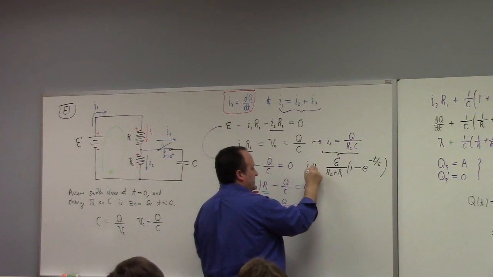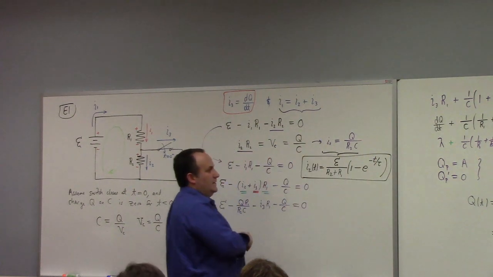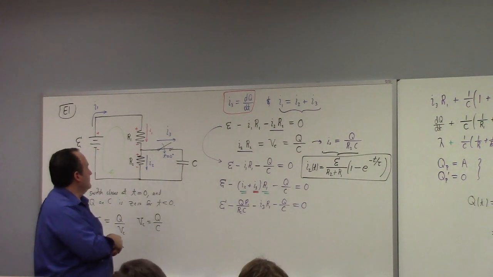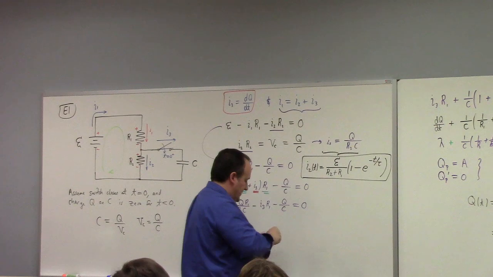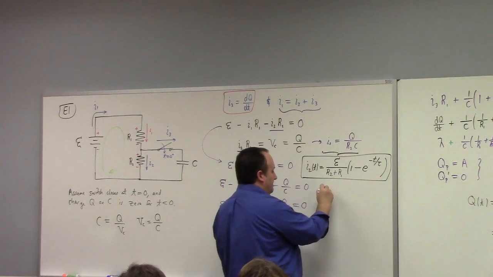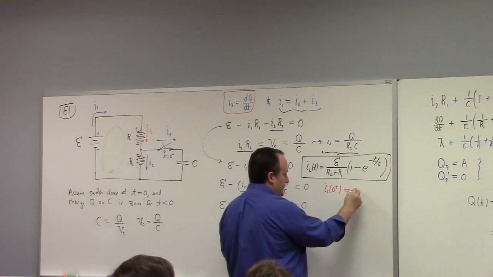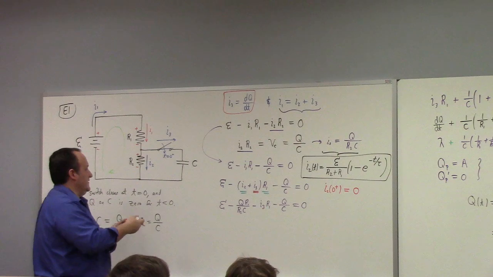Now, does that make sense? How about time 0? And notice what goes on here, right? I2 of 0 is 0, because 1 minus 1 is 0, which is just what I was telling you.